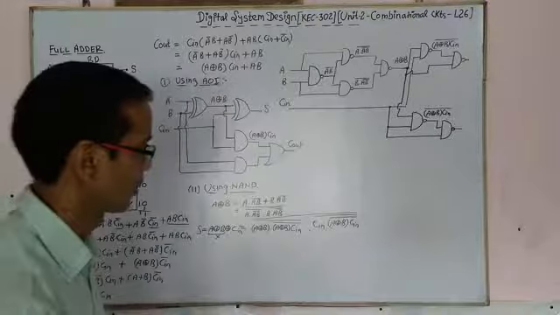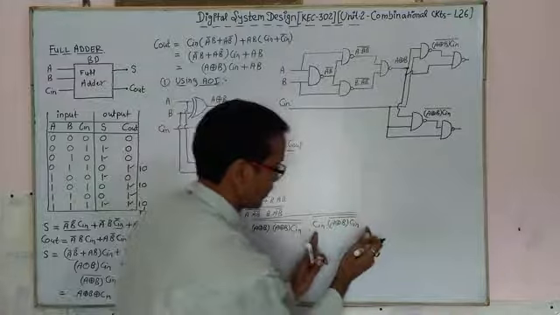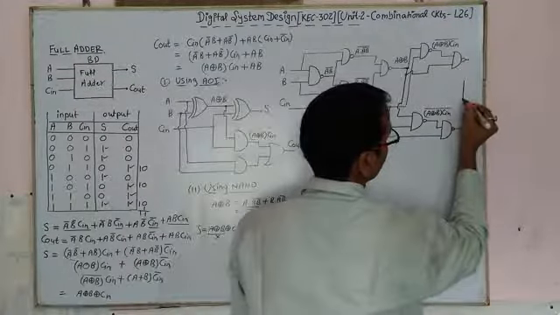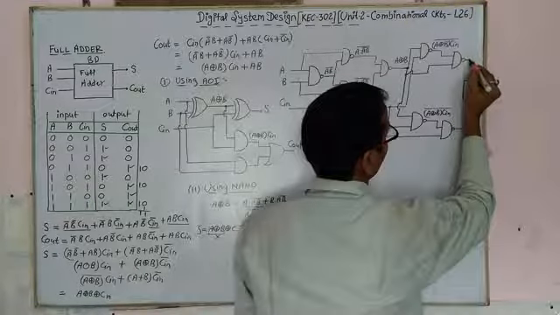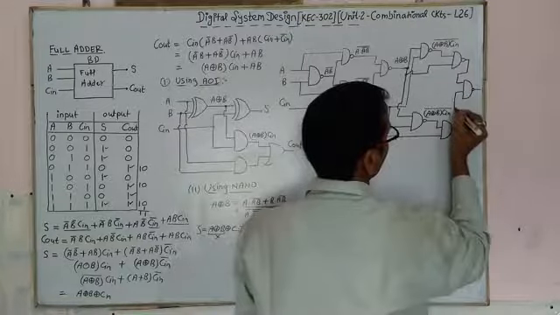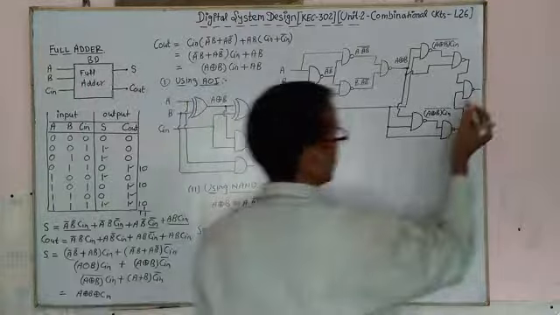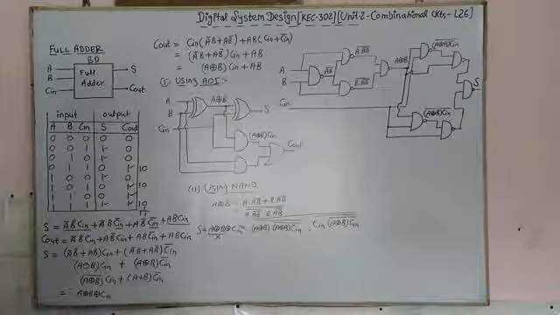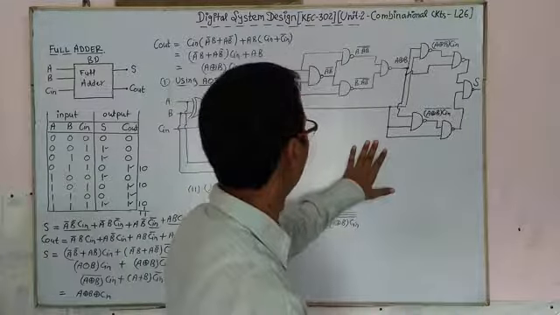Finally we have to multiply this term and this term, so we take another NAND gate with one input from here and the second from here, and this is the sum. You can understand what has been done.